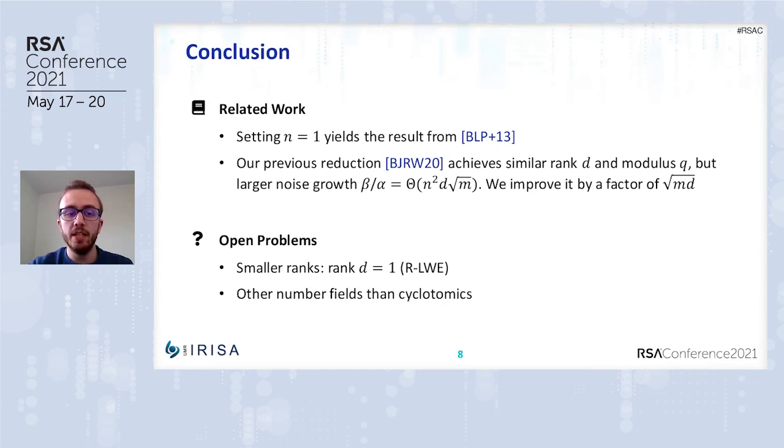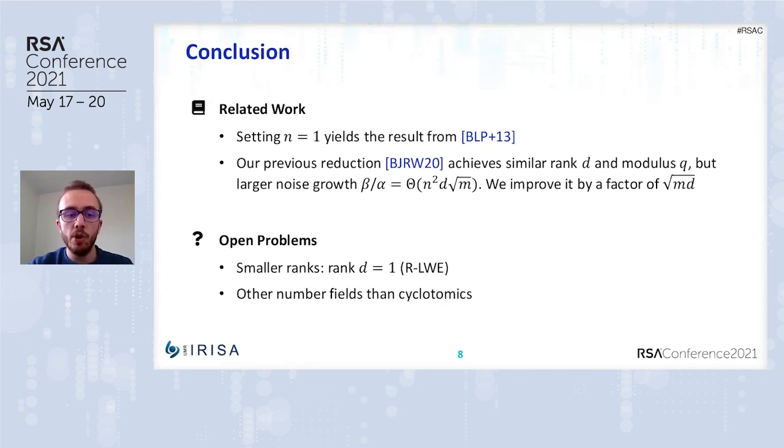We also provided another reduction at Asiacrypt last year, which achieved similar rank and modulus conditions, but the noise growth was a little bit larger. So here we managed to improve that by a factor of square root of m times d, also making it independent of the number of samples m, which is quite satisfactory as well.